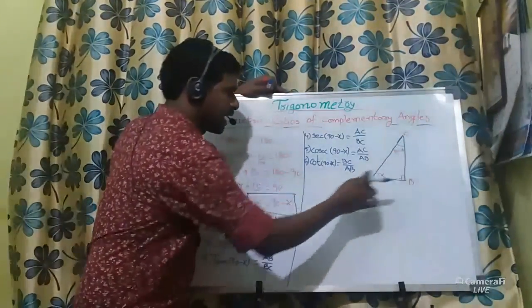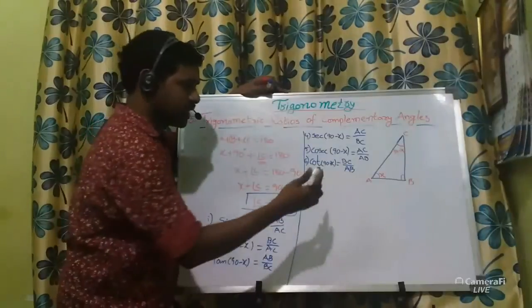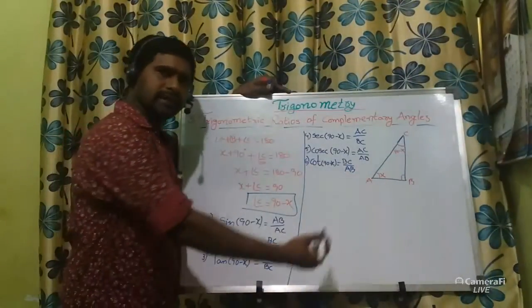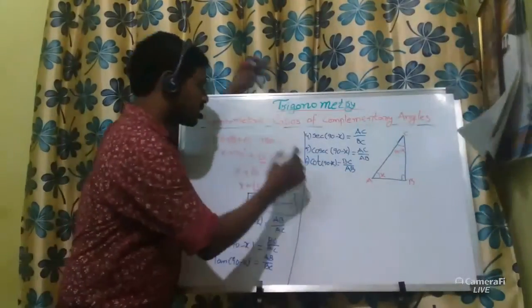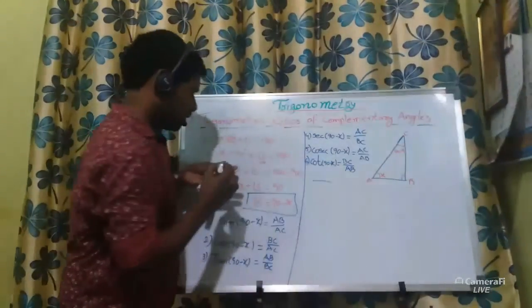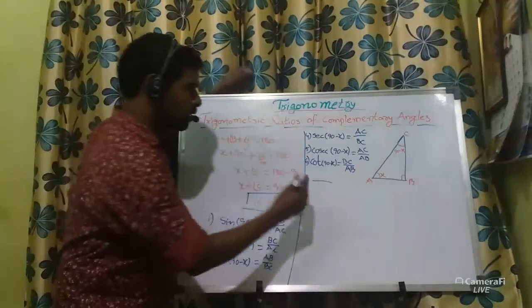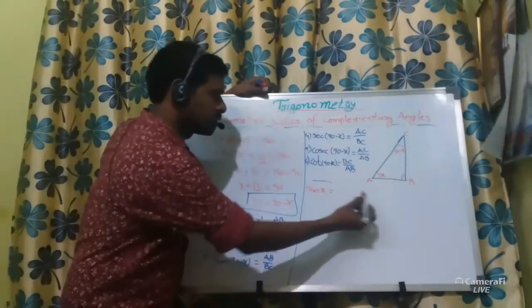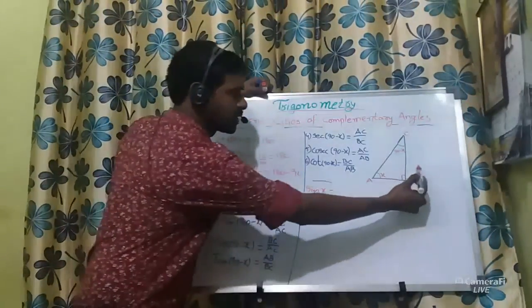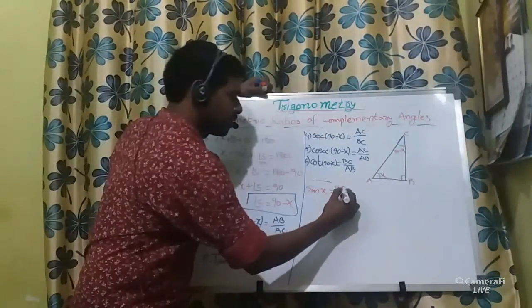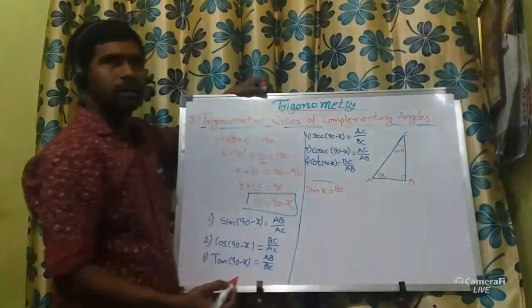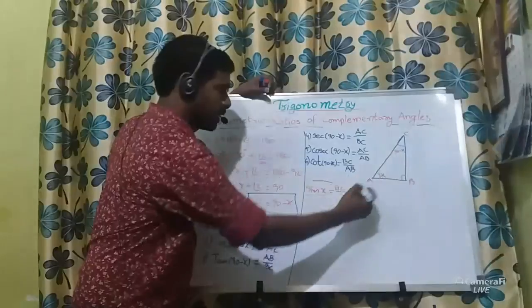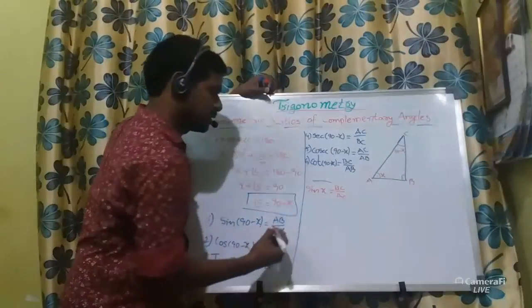So we have found all 6 ratios of this angle. Next, with respect to the angle x, angle A. The second part is sine x. With respect to the angle x, the opposite side is BC, and the hypotenuse is AC, so BC by AC.